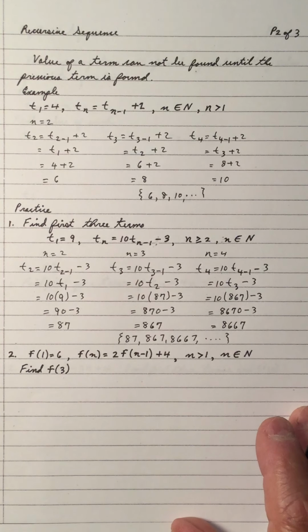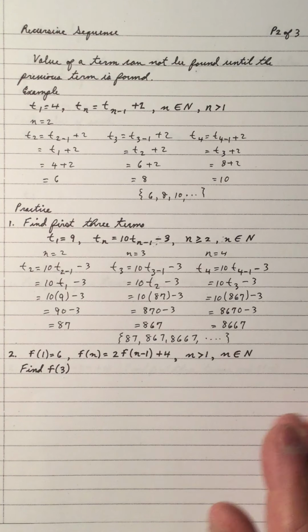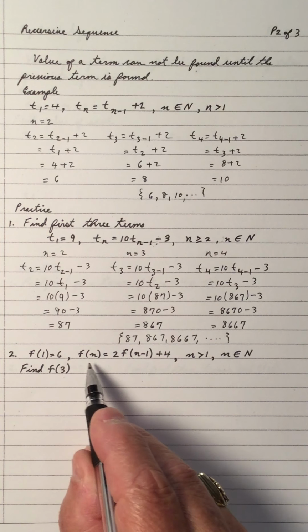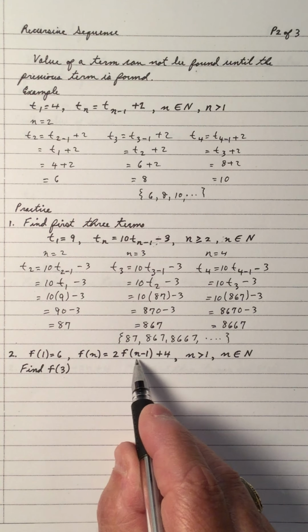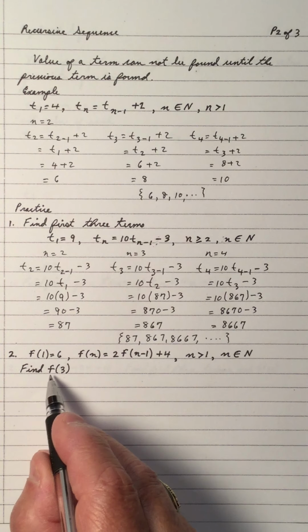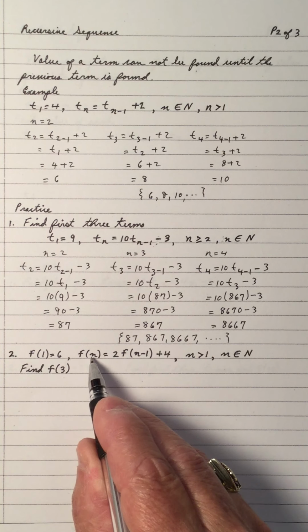What does recursive mean? I cannot find the upper term until I find each of the lower ones in the sequence. And number 2, very similar. We have f of 1 equals 6. The f of n is twice the f of n minus 1 plus 4. N is greater than 1. We want to find f of 3. Again, you put n is 3 here.